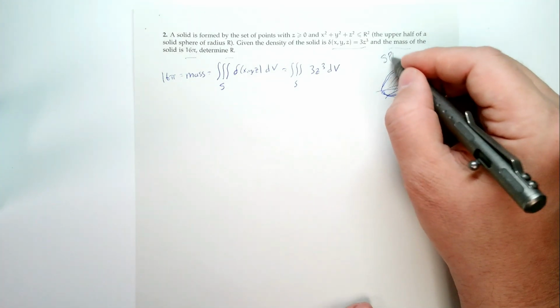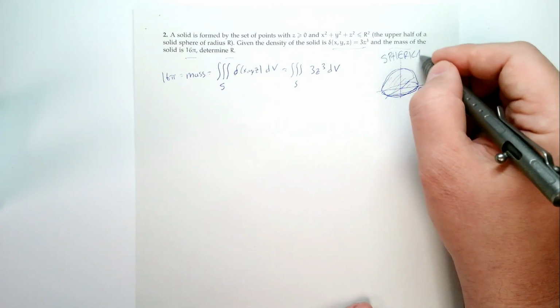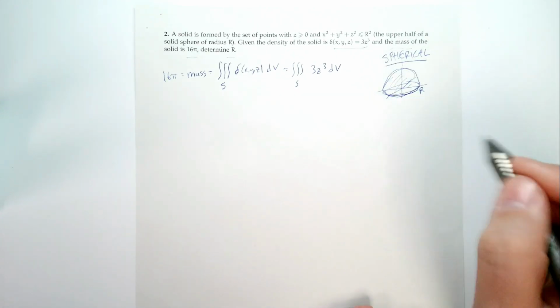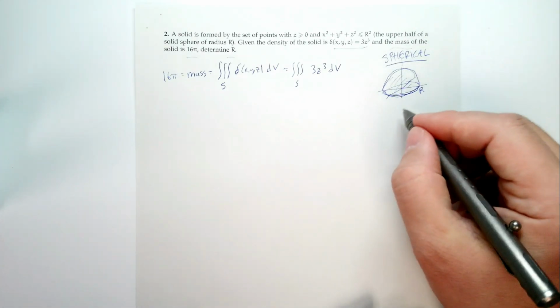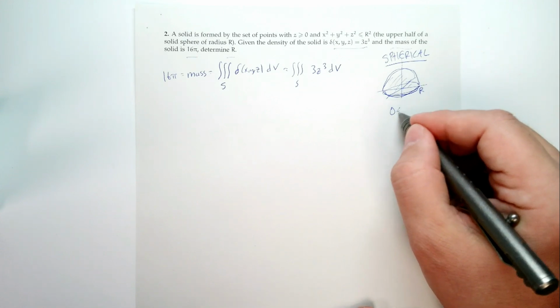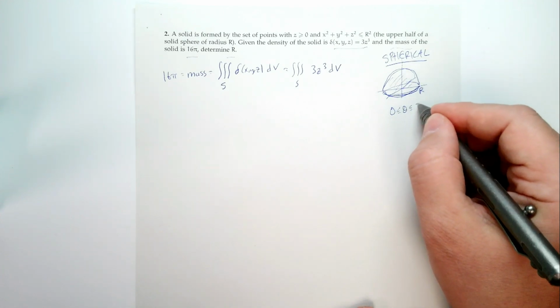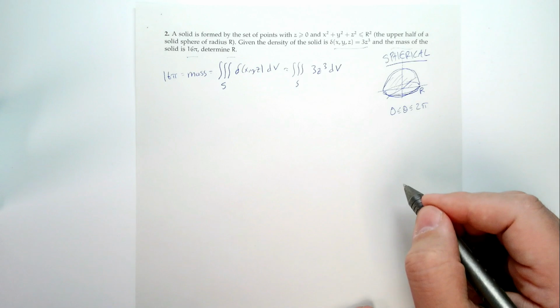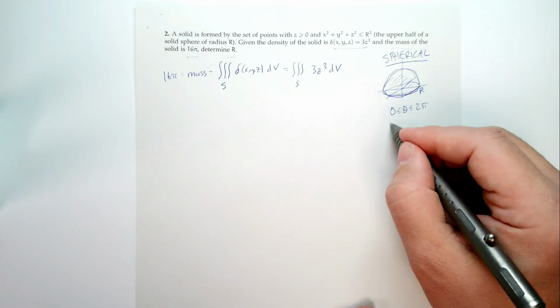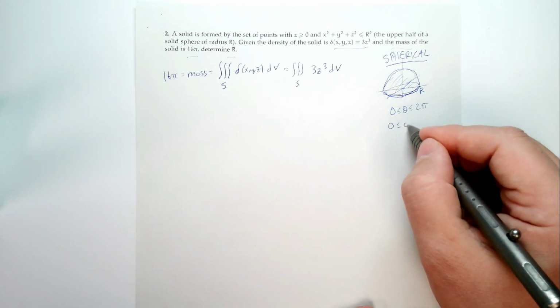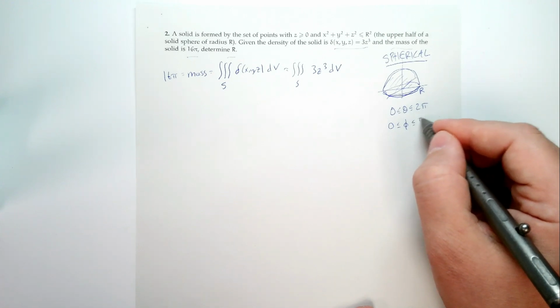So we're going to work in spherical coordinates because spherical coordinates are great for spheres. In fact, for spheres, it's really easy to describe. We go all the way around the z-axis, which means that we go 0 up to 2 pi. We're in the top half above the xy plane, which tells us that phi goes from 0 to pi halves.